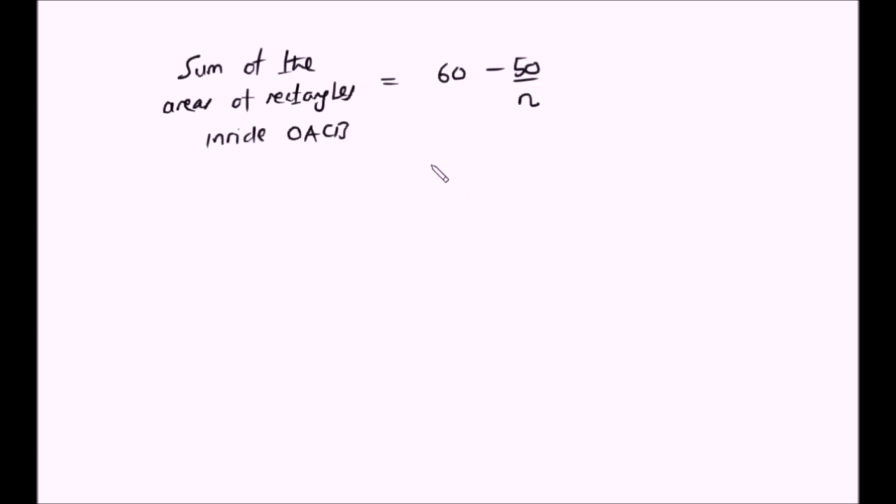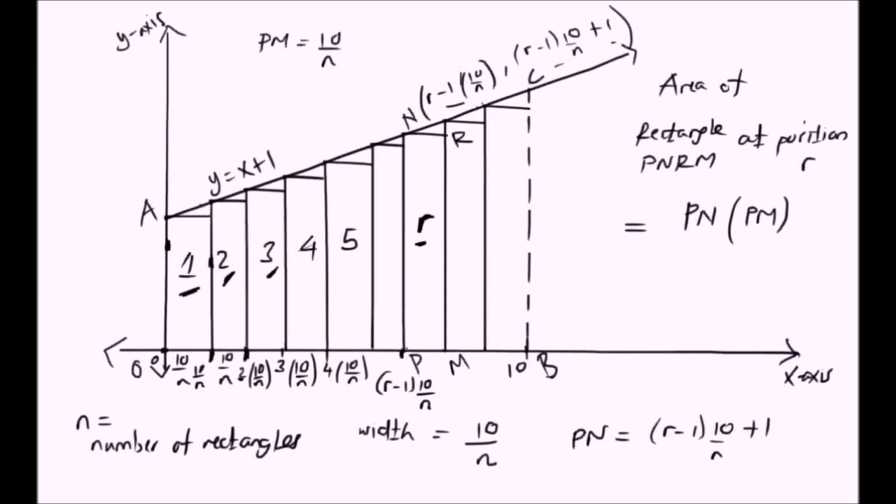Okay, sasa what do we want? Kulikuwa na algebra tu hapo ili kufika hapa kwenye expression rahisi zaidi kuliko yale 100 na majumlisho. So tumefika in a much more simple expression. So this is the sum. Kwa hiyo nikichukua rectangle zote zile nikajumlisha area yake ndio napata hiyo 60 minus 50 over n, where n is the number of rectangles.